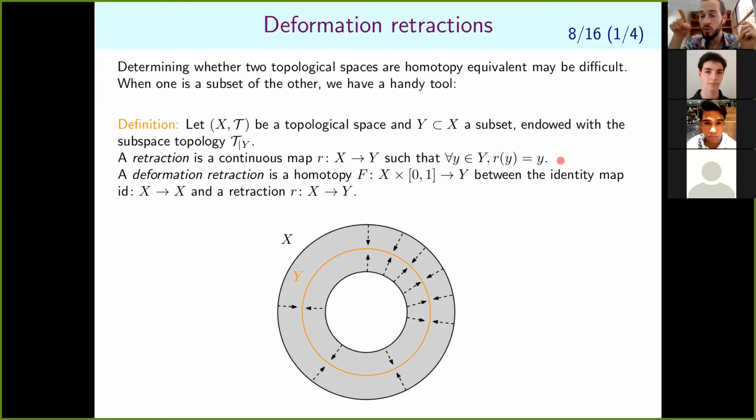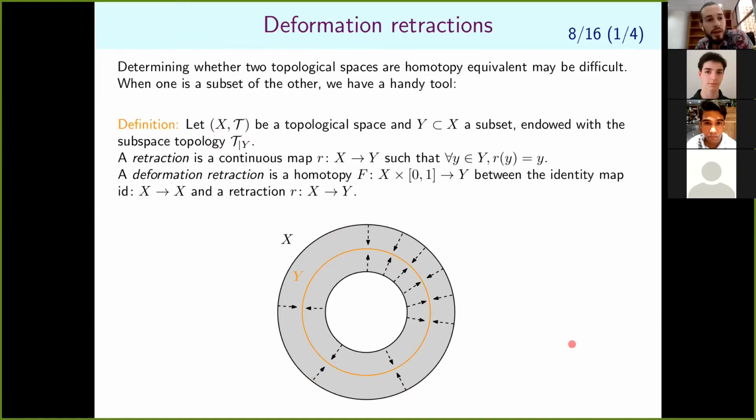The map is the identity on the subset. I give you an example of a retraction here. To every point of the annulus, map it to its projection on the circle. Basically, you have your annulus, and you contract each part of it to the inner circle.